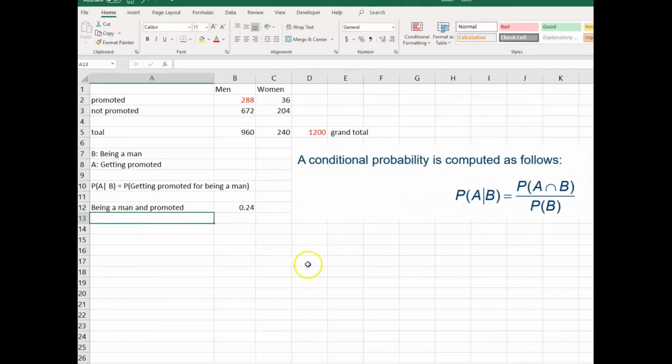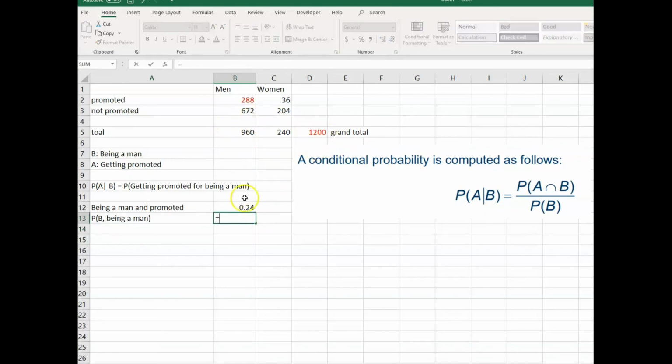Then we look at the probability of B, of being a man. We know there are 960 out of 1,200. So this ratio will be 960 divided by 1,200. The earlier one is the probability of being a man and at the same time getting promoted.